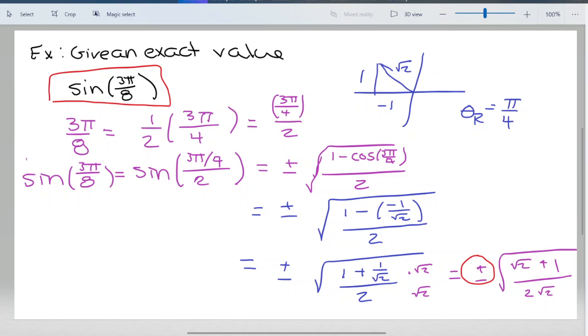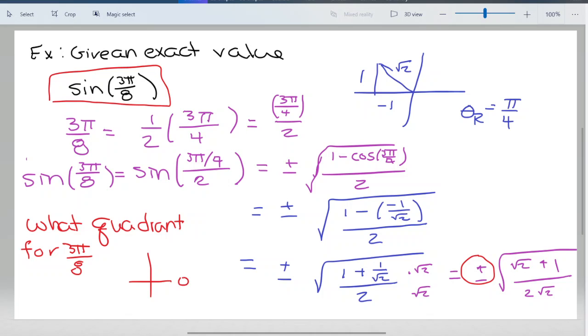So I need to know what quadrant 3 pi over 8 is in. If we imagine these quadrants over 8, this is going to be pi over 2 or 4 pi over 8. That means right away I can see that this is going to be in the first quadrant.